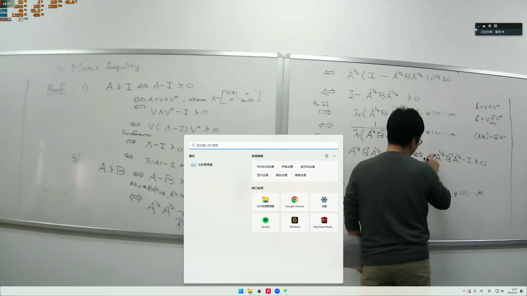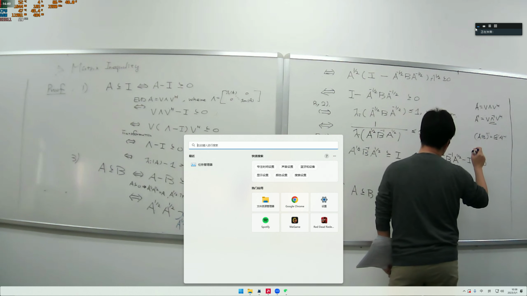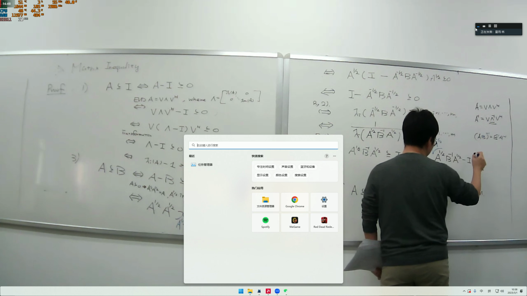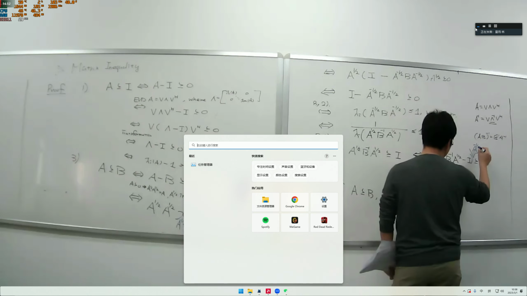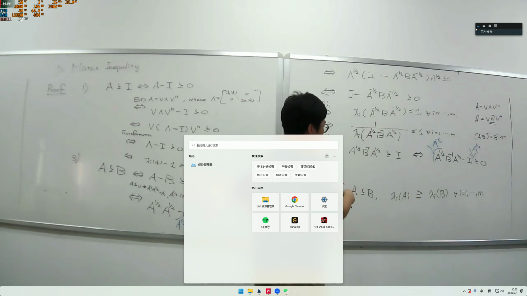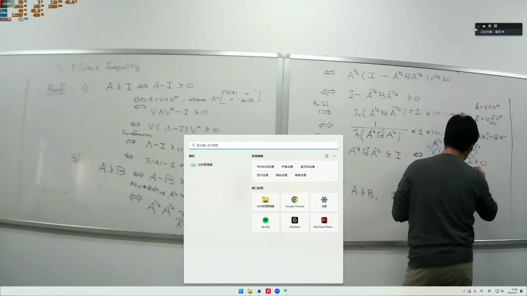Here we multiply A inverse square root, and here we apply A square root.